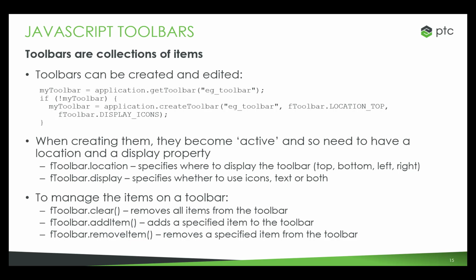Then there's the add item method, which takes an item that you've created, like in the previous slide, and adds that to the toolbar. And there's also a method to remove a specified item from the toolbar itself. So using these methods, you can create new toolbars and then add the actions to them, manage those items, and create the toolbar that you're looking for.